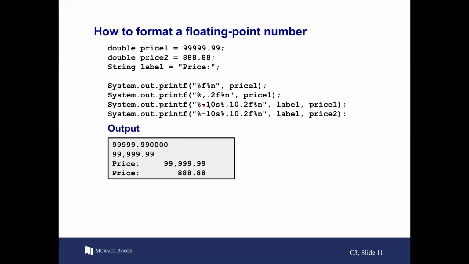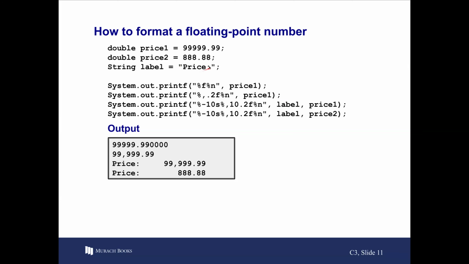This is a %10, a column of 10 with a string value, and then this is the second format specifier here, which is give me a comma. The comma means 1,000 separators. Give me width of 10, another column of 10. Give me 2 decimal points using a floating point or decimal data. We then send the label and the price.